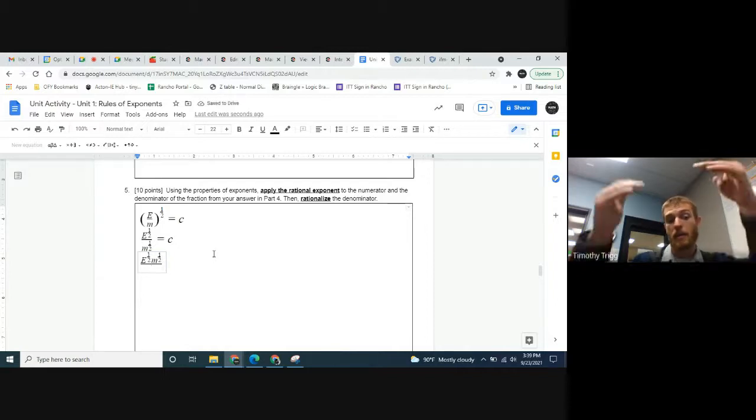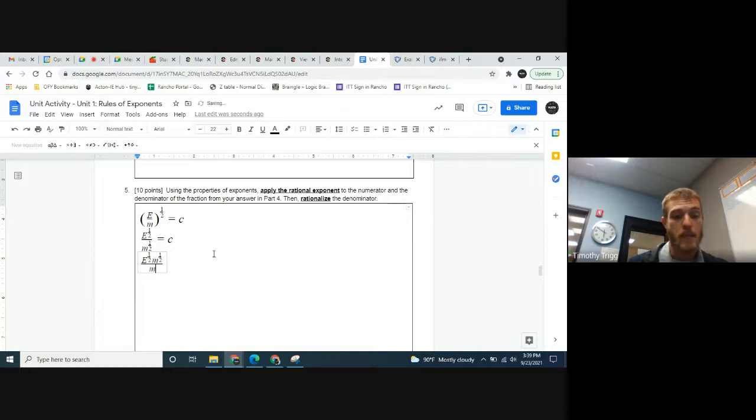Now we're in the denominator of the big fraction. And now here will just be m. Press right one more time, and we'll say that equals c.